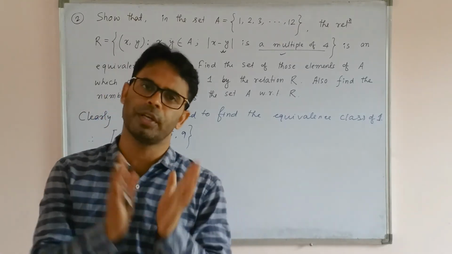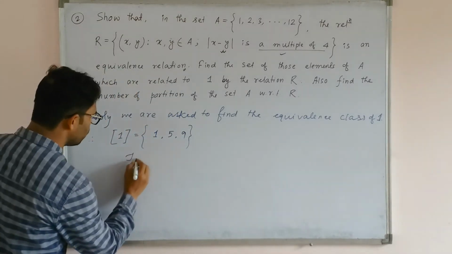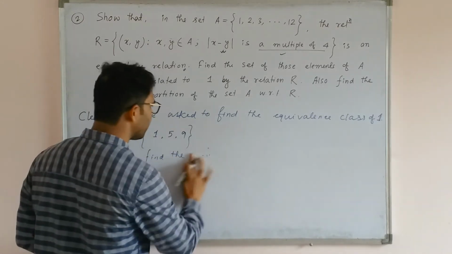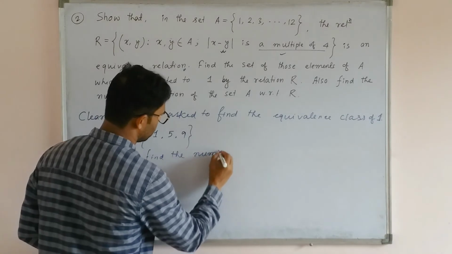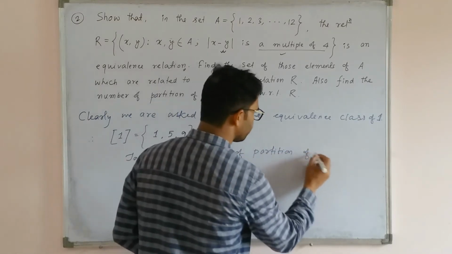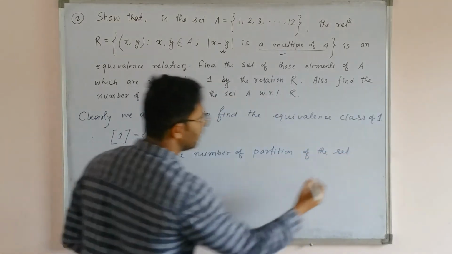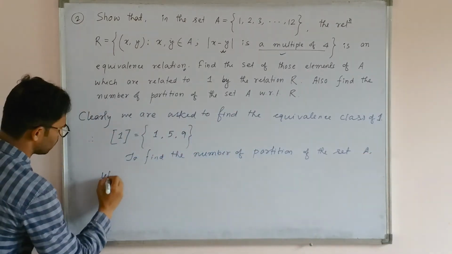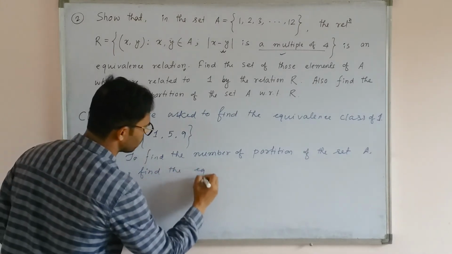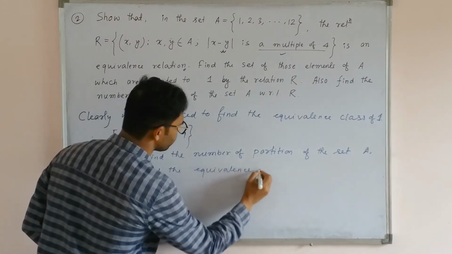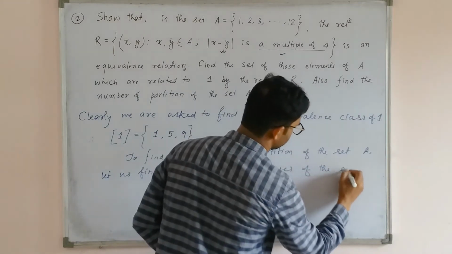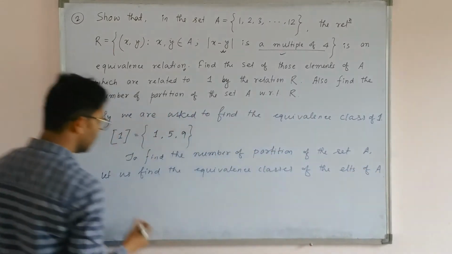The number of equivalence classes will be the number of partitions. So to find the number of partitions of the set A, let us find the equivalence classes of the elements of A under the relation R.